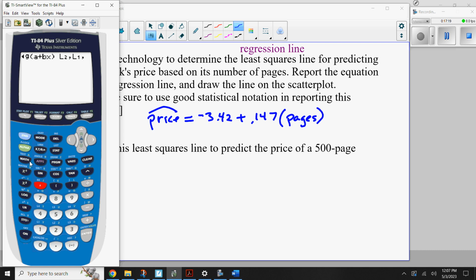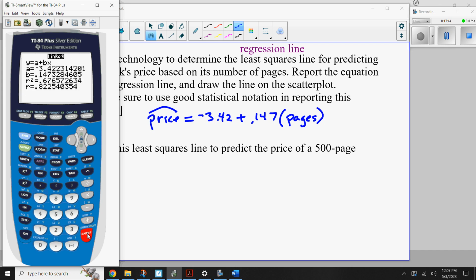I'm going to go alpha F4, which is right above the trace. It's the green button, and the green is the F4. And it gives me a list of all of my possible equation slots. So I'm going to press Y1, and I hit enter. So it looks like L2, L1, comma, Y1. Now I'm going to do the calculation.